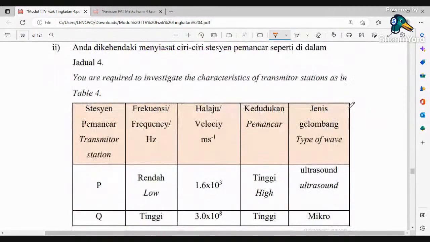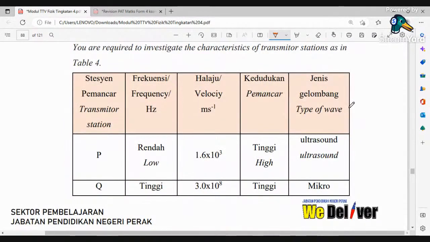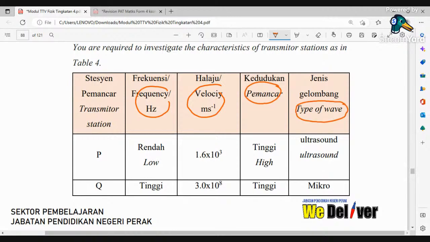Okay, part 2, you are required to investigate characteristic of transmitter station as in table 4. Okay, dia punya aspect, frequency, velocity, position of transmitter, and type of wave.